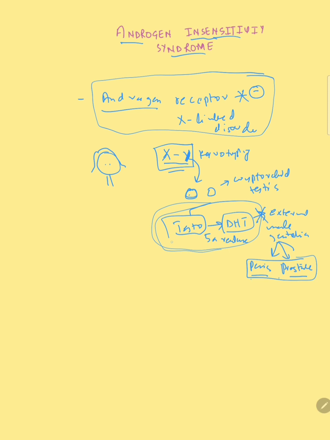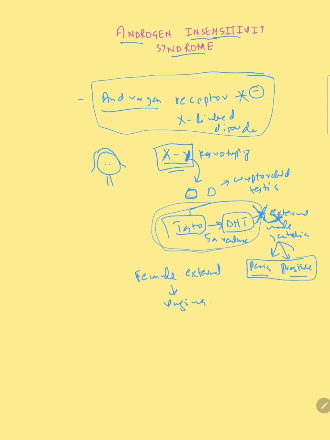So these androgens will not work, and so the male external genitalia will not be formed. When external male genitalia are not formed, automatically the body is going to form female external genitalia. So these patients will have female external genitalia, so there will be a vagina.